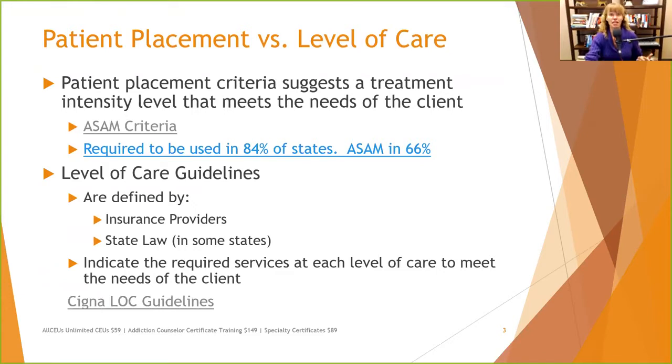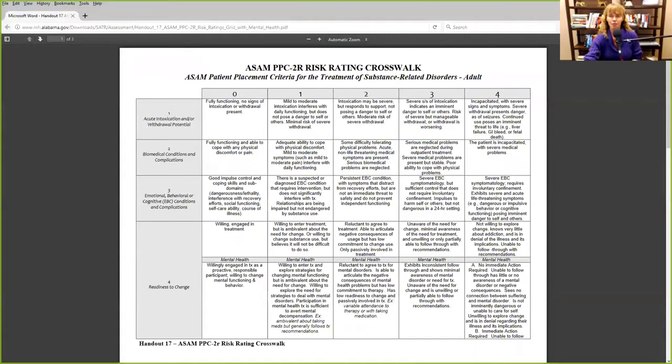I just want you to realize how prominent the ASAM is, and you can use it with mental health issues, mental health diagnoses. So for example here, and you don't need to be able to read all the text on it, we're going to talk about this in depth, but it does show you, like for readiness to change, a person who is willing and engaged in treatment for substance abuse, a proactive, responsible participant, willing to change mental functioning and behavior.